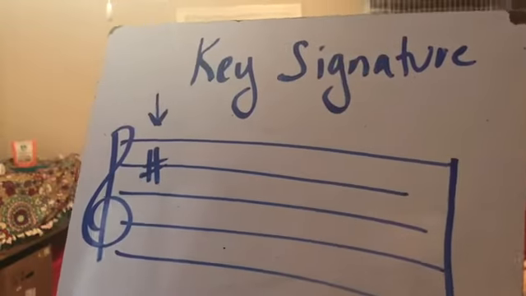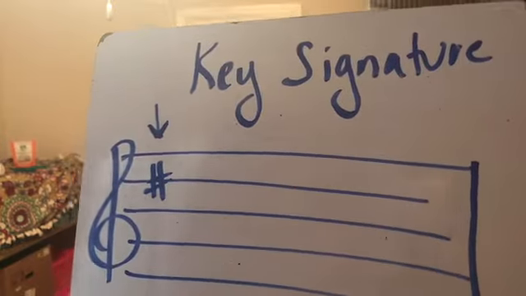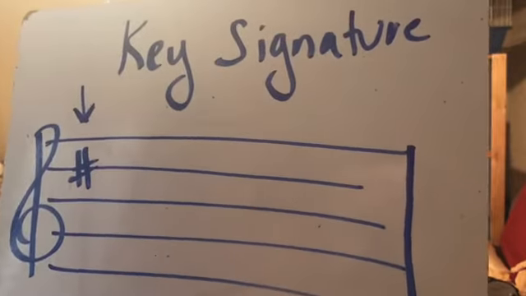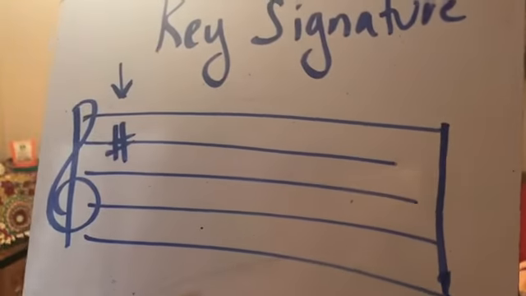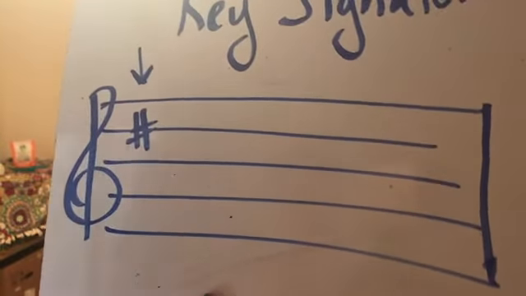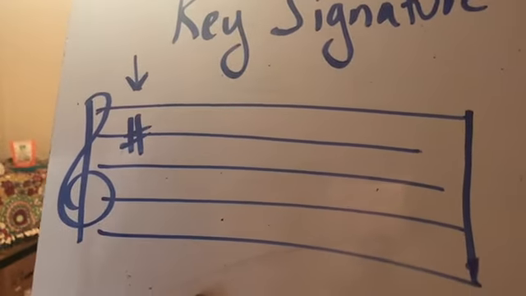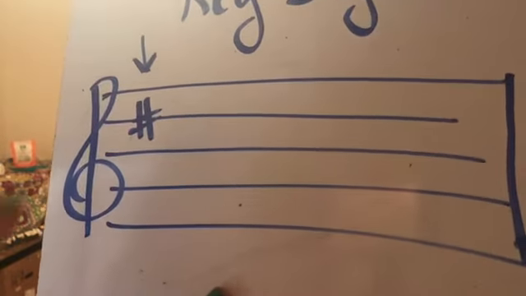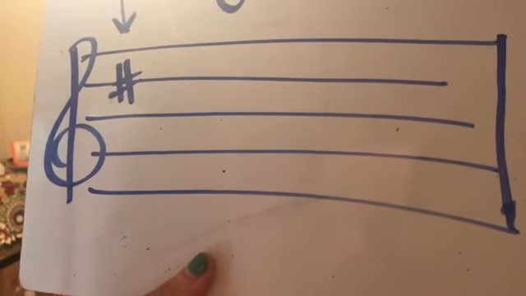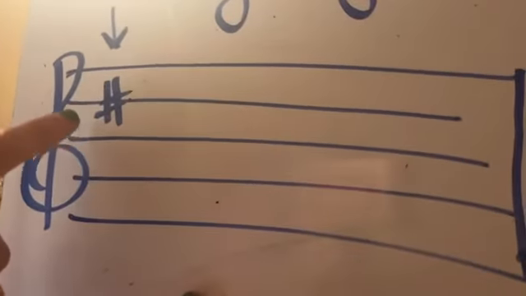The last term I'm going to cover in this video is the key signature. For the exercise that I've sent out, the only thing that you need to know about the key signature is where it's located. You'll always find your key signature at the beginning of every line. So it's not just at the beginning of the song.